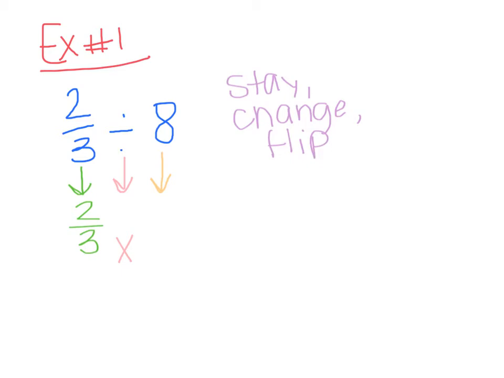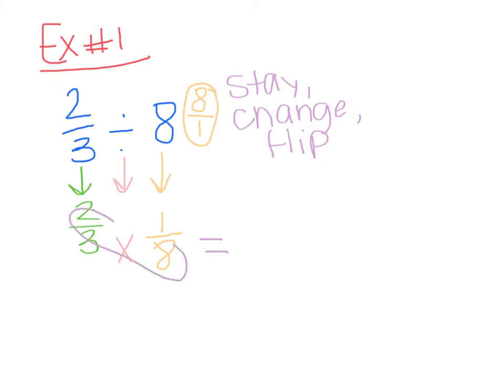So now remember, when we have a whole number, it's really a whole number over 1, so it would be like 8/1. So if we flip that upside down, it would be 1/8. And then we just multiply straight across. I'm going to look across though and reduce first.